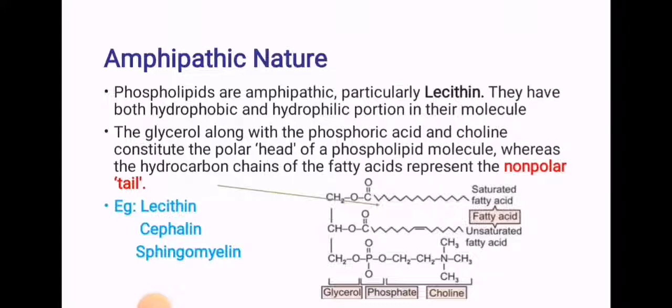Obviously you know that polar means water soluble, non-polar means it is fat soluble. So what are the most important amphipathic lipids? Lecithin, cephalin and sphingomyelin. This is a viva question as well as an MCQ question. So don't forget.